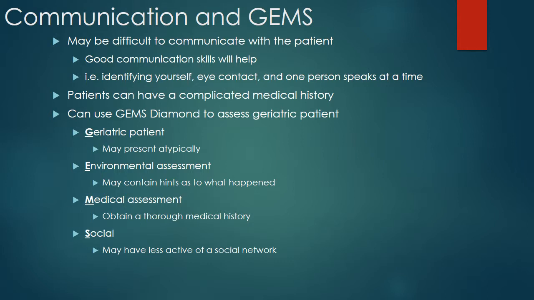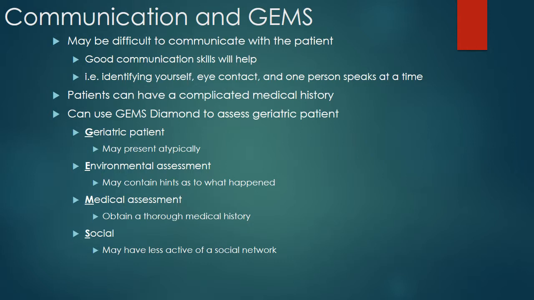The environment may contain hints as to what happened. For instance, medications. It may contain air tubes. It can give an insight into their history or what they took and why they're in the position they are now. Medical assessment. Again, they may have a complicated medical history, so make sure you obtain a very thorough medical history.